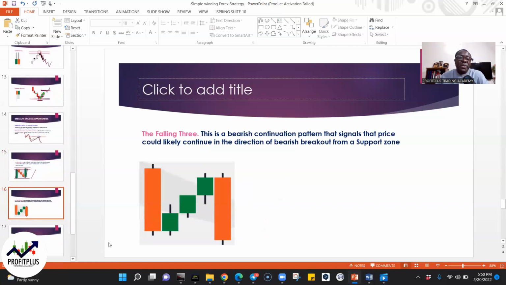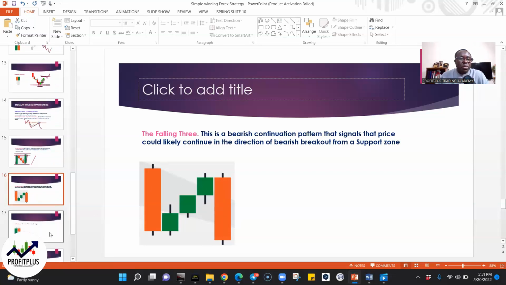So we go to the falling three, just the reverse of the whole thing that happens in the rising three, but this time around it happens at a support zone. When you see this happening around that support zone, it is a very strong signal that that particular support zone will successfully be broken.